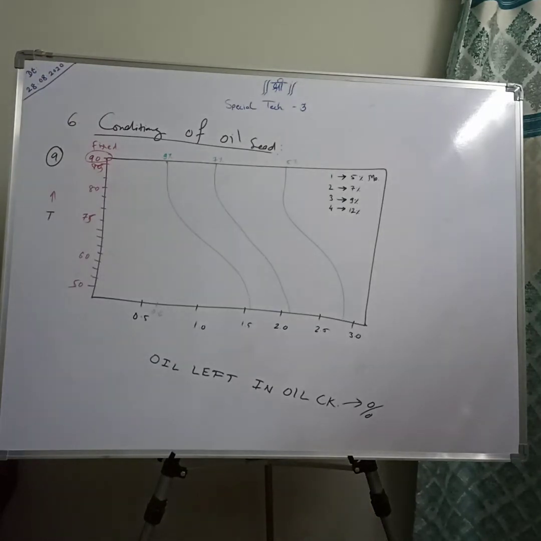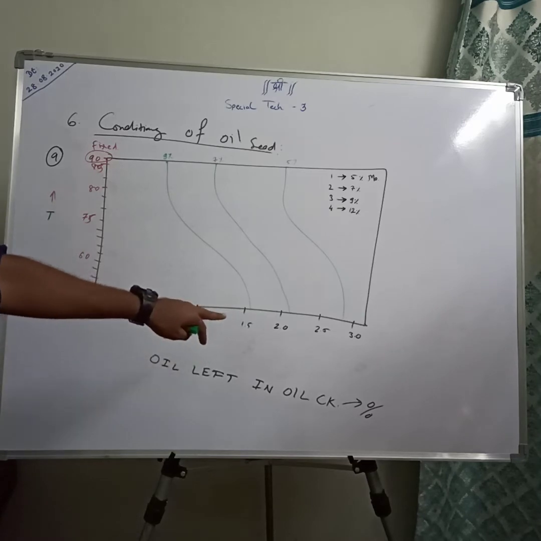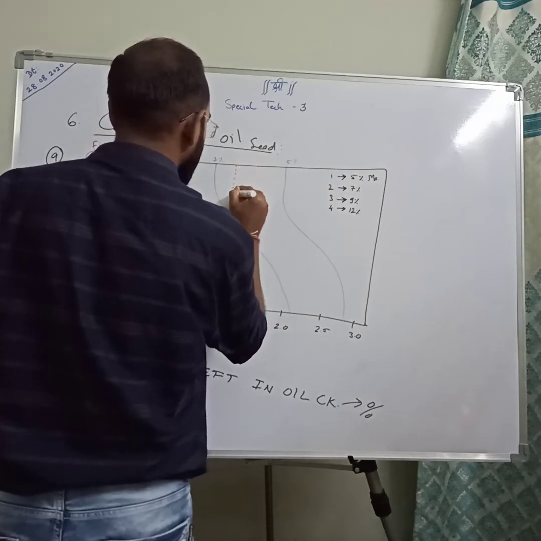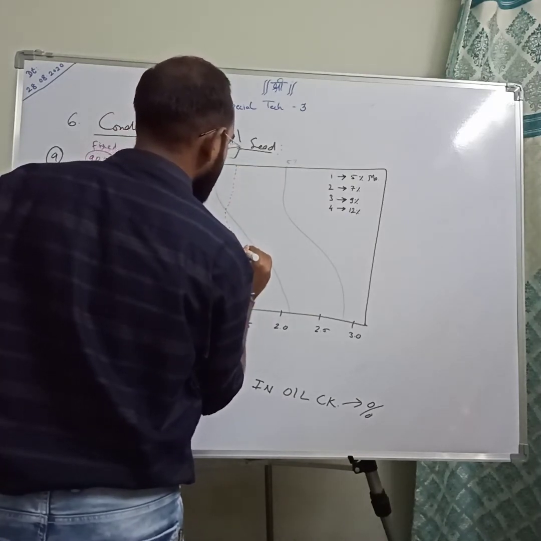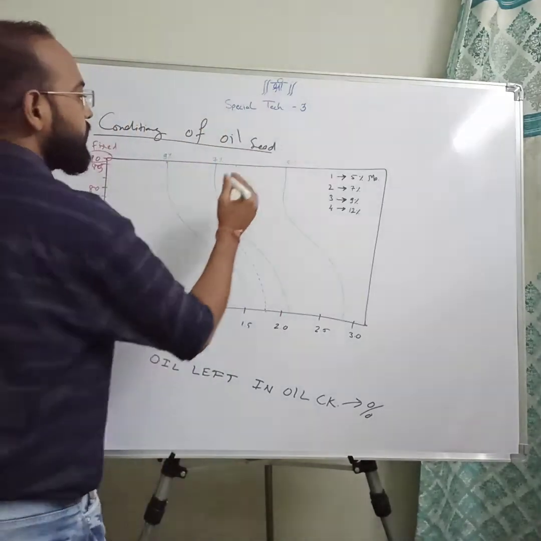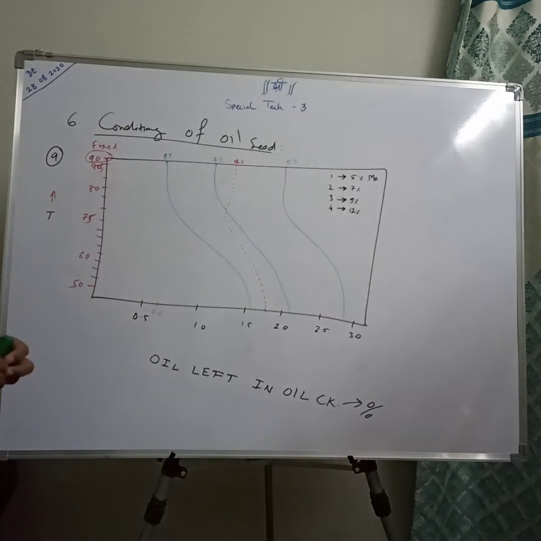And the fourth curve is represented by the dotted one, that is the maximum moisture content, 12%, which starts in between 1.5 and 2 and ends here. This is your fourth curve with 12%.